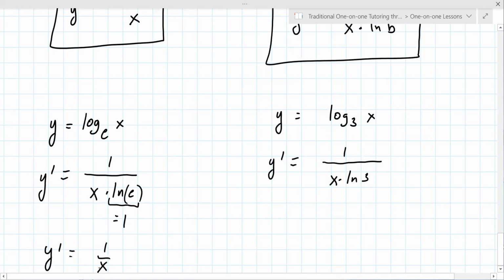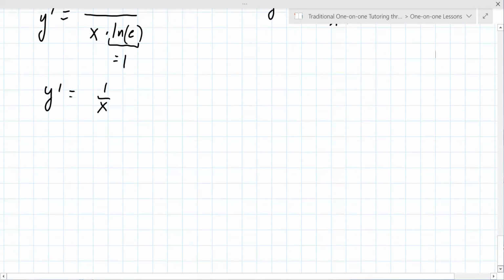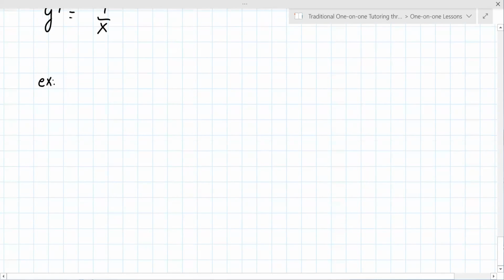Let's do some examples so you can see this again here. We're going to do them side by side. Let's say y is equal to 3 to the x. What is the derivative here?